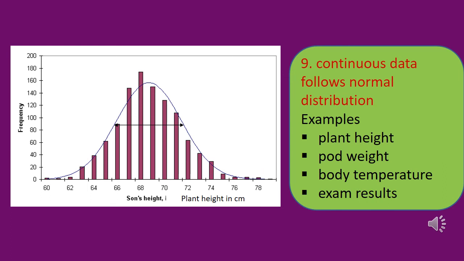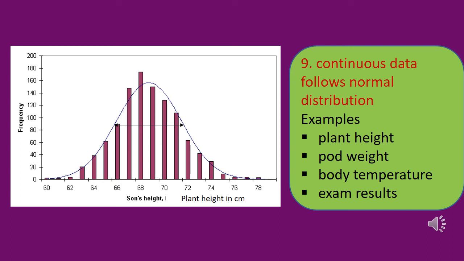Then we come to the last point. Continuous data follows the normal distribution. Earlier we also mentioned that. If we draw the graph for continuous data, we get a normal distribution graph like this.